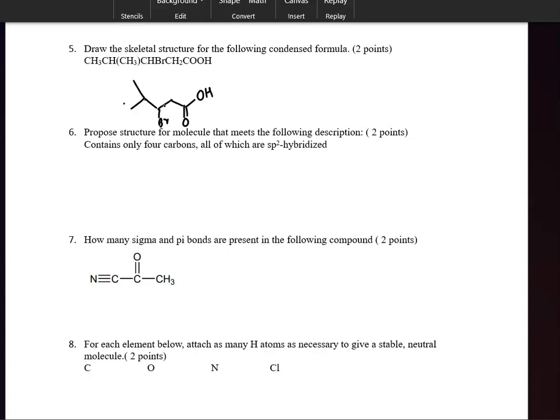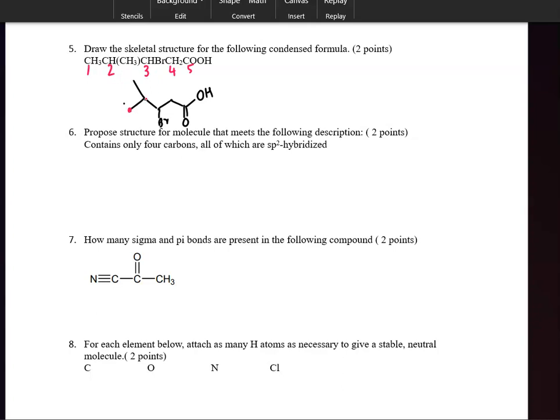Okay, so if it helps, you can number them. So we have 1, 2. Don't number the branch because that's going to come out. So then we have a 3, and then 4, and then 5. I just randomly numbered from one end. I haven't followed any rules of numbering. I just put the numbers so that you can track them here.